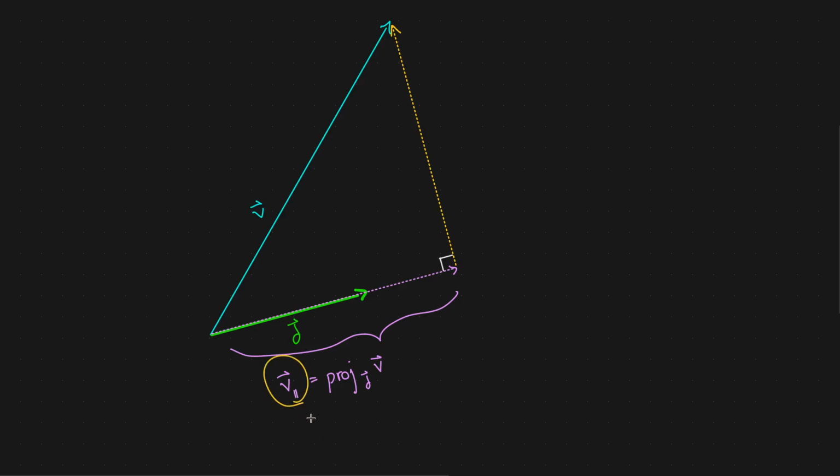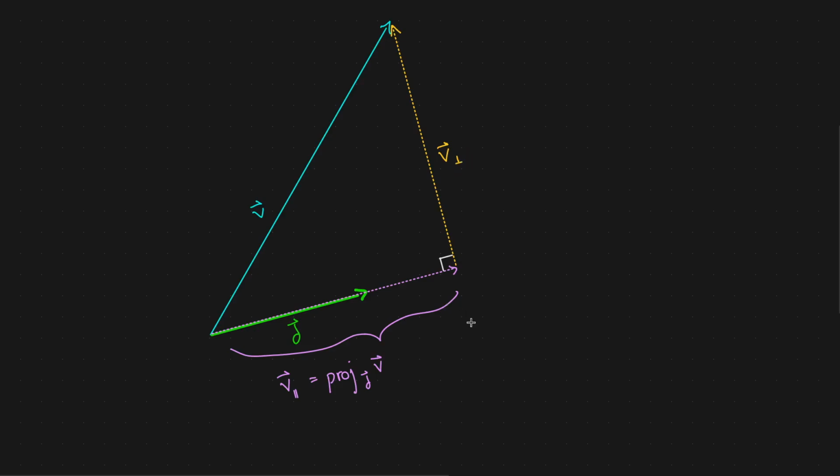And that means the portion of vector v that is parallel to vector d. And then this part over here, we're going to call v perp. That's the portion of vector v perpendicular or orthogonal to vector d.